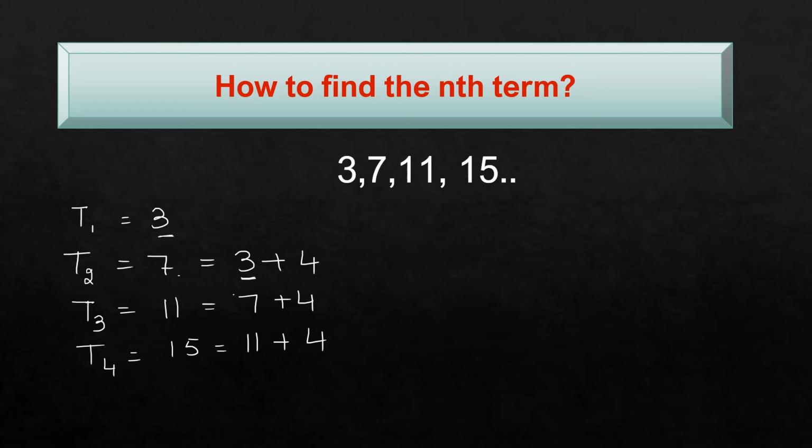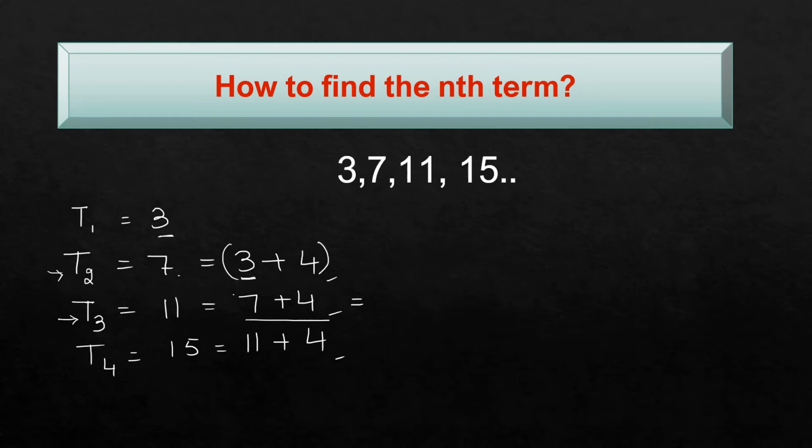Why are we able to write it like this? Because in the arithmetic progression, the difference between terms is always the same. That is why we can always write the next term in terms of the previous term. Okay, so what is the benefit of writing the terms like this? Now if I look at the 7 plus 4, the 7 can be written as 3 plus 4.